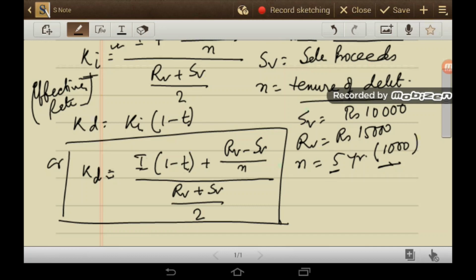Income tax benefit is available only on the annual interest. So KD is equal to I into 1 minus T plus RV minus SB by N, divided by RV plus SB by 2.